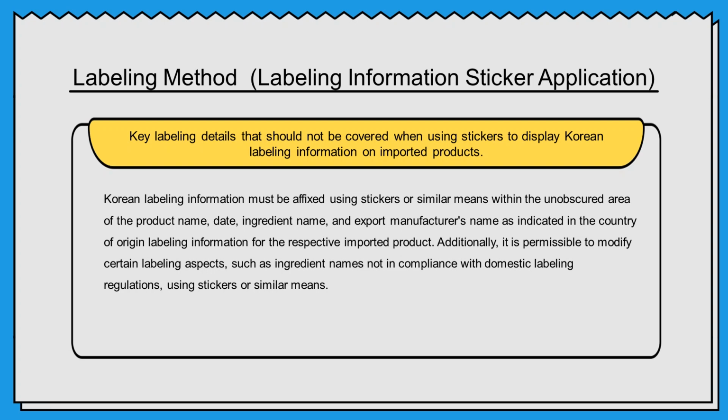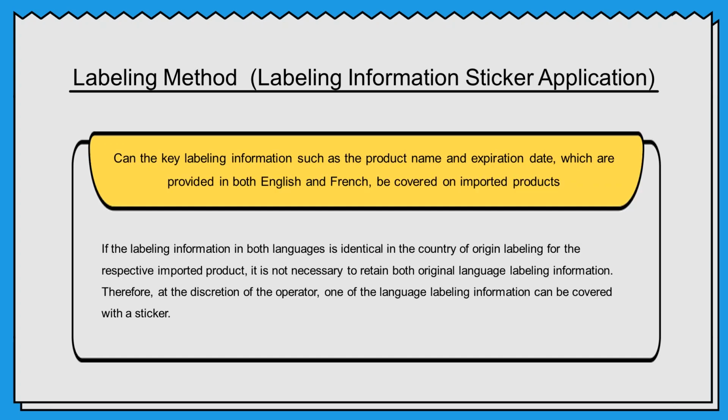Please note that the nutritional information of imported products may be covered with a sticker, considering varying standards by country. If the labeling information in two languages is identical in the country of origin labeling for the respective imported product, either of the language labeling information can be entirely covered with a sticker.